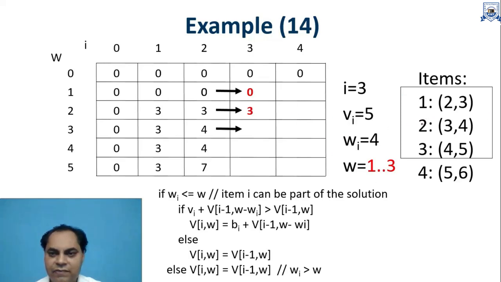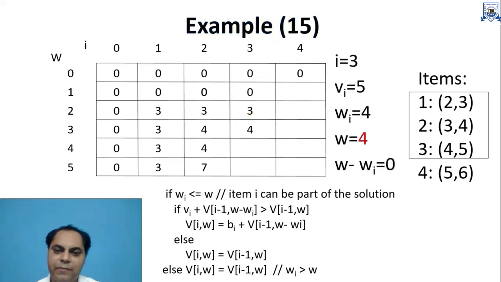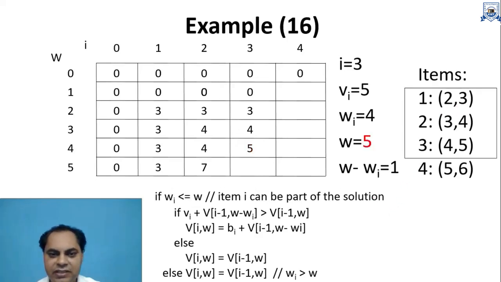If the current capacity is 3, only the second item can be accommodated, and the benefit would be 4. If the current capacity is 4, only the third item can be accommodated, resulting in a value of 5. If the current capacity is 5, the first and second items can be accommodated, and the benefit would be 7.